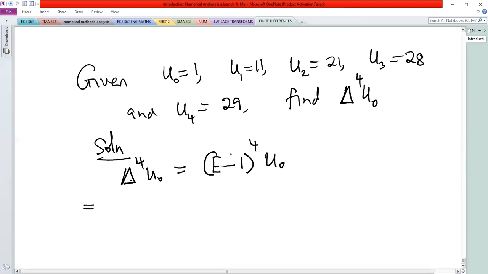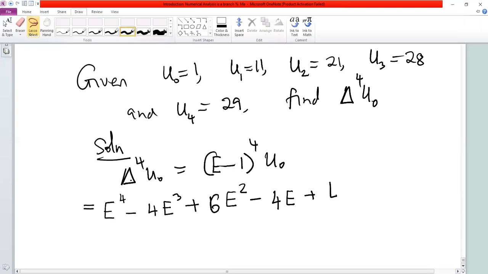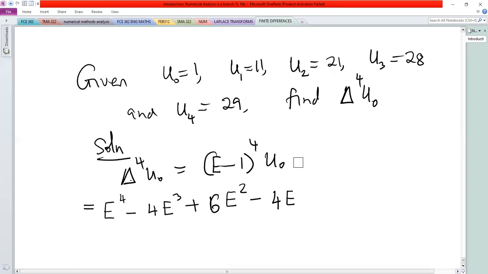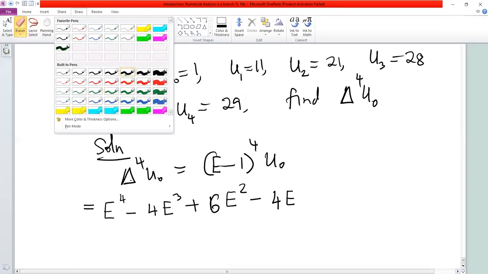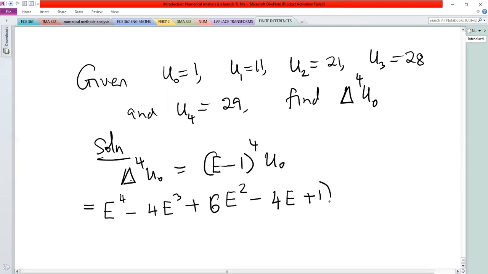which will be given by, if you use binomial expansion, you have E power 4 minus 4 E power 3 plus 6 E power 2 minus 4 E, and then plus 1, and this one we apply to U naught.